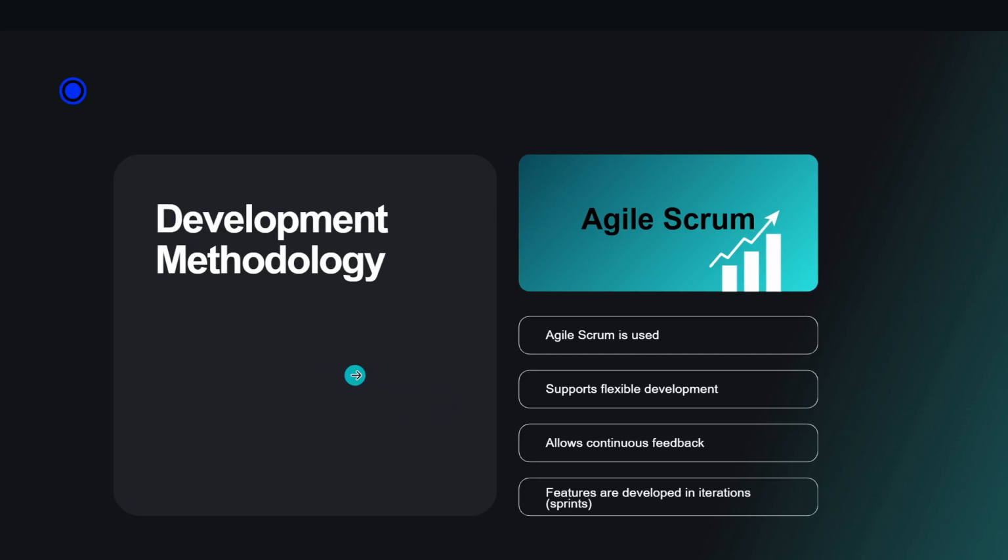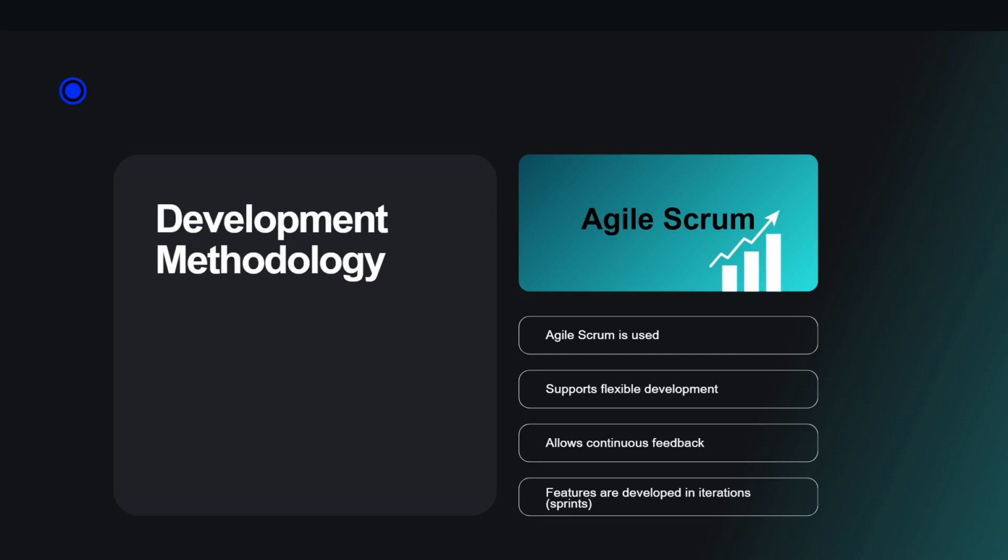We come to the most important part of this assessment. What methodology did we choose here? We made a decision to choose Agile Scrum. Why? Because our system has many components and its requirements may change over time.